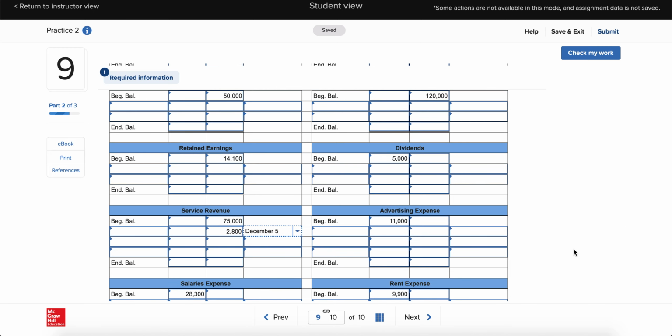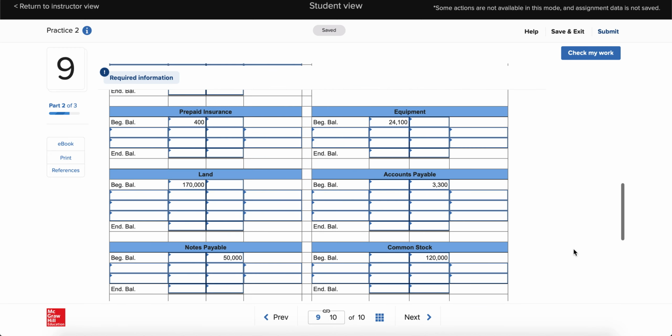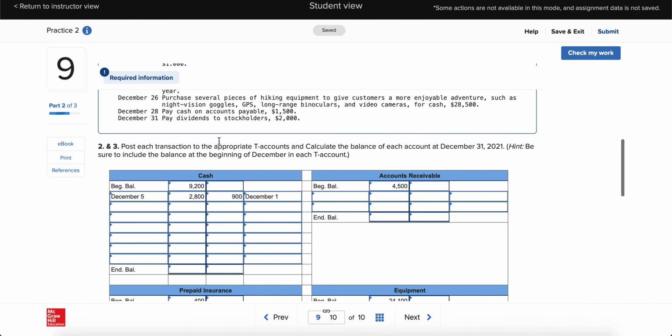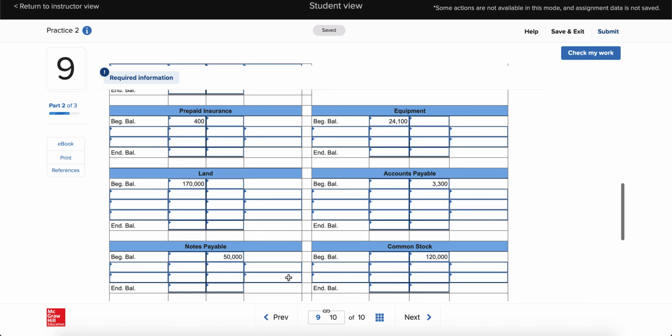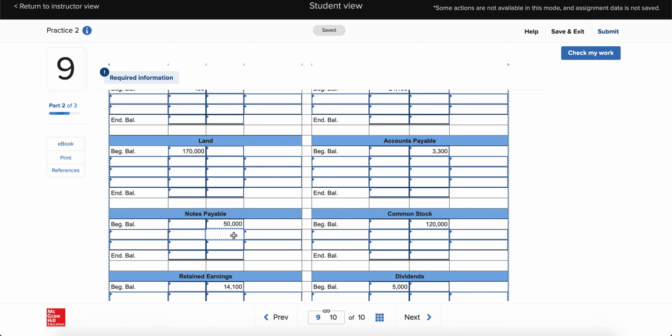The next item, December 8th, there's a debit to cash, and that is for $10,000. Again, December 8th. The credit in that case was notes payable, on December 8th.